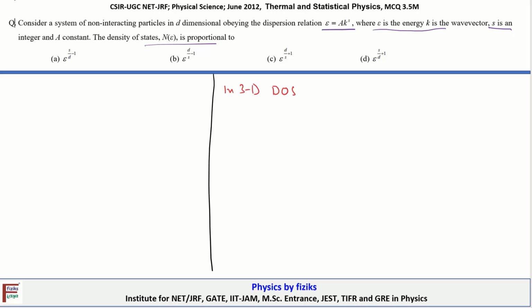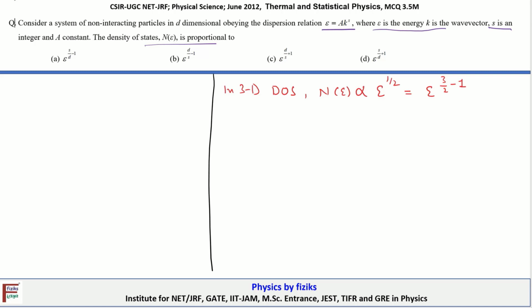So, density of states in three dimensions: we know that N(E) is proportional to E power 1 by 2, and this can be written as E power 3 by 2 minus 1.